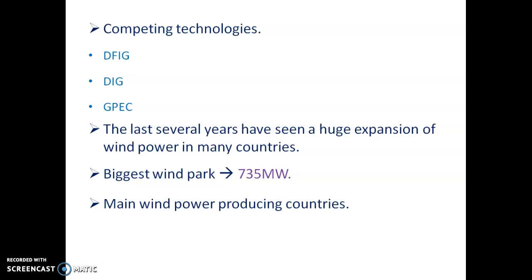Horse Hollow Wind Energy Center in Texas. It consists of 291 turbines of 1.5 megawatt and 130 turbines of 2.3 megawatt, giving a total capacity of 735 megawatt.